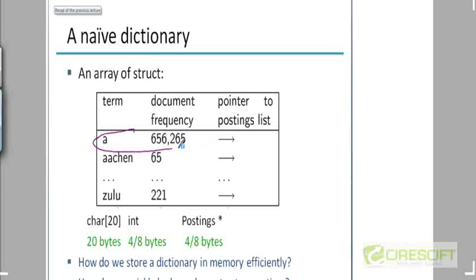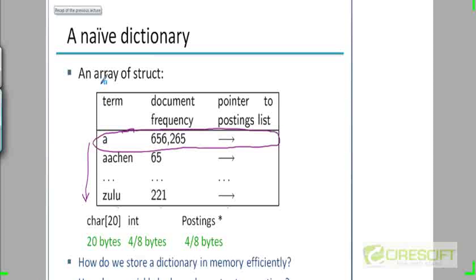So this is a struct. It stores a string corresponding to the term, it stores an integer corresponding to the document frequency, and it stores a pointer corresponding to the postings list. And this is an array of structures. This is the simplest way you can implement a dictionary.